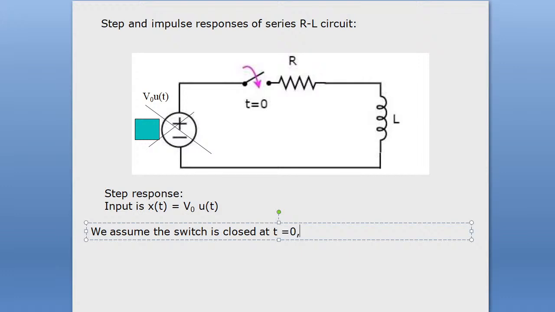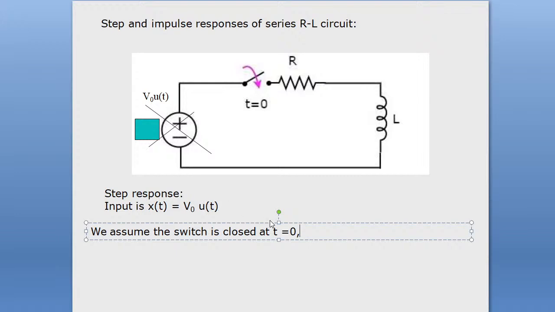At t equal to 0 the switch is closed, and the input is x of t, which is nothing but V naught u of t. U of t is the unit step function.